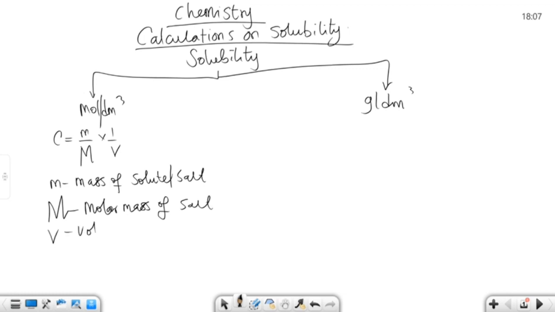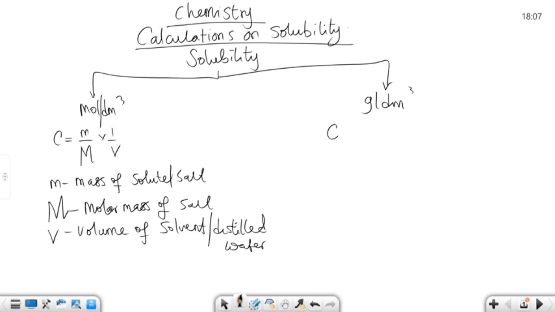Your V represents the volume of solvent. In most questions you will come across, the solvent is distilled water. Now, for solubility in gram per dm³, it's quite easier.